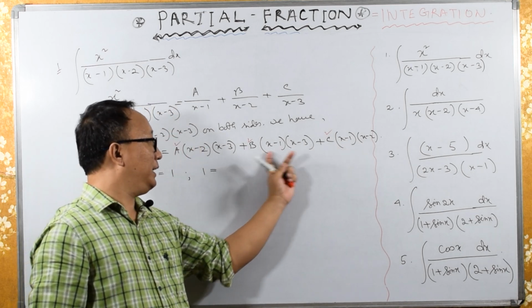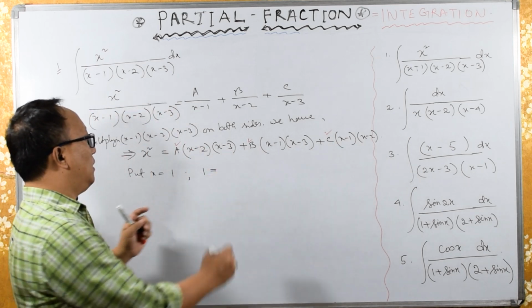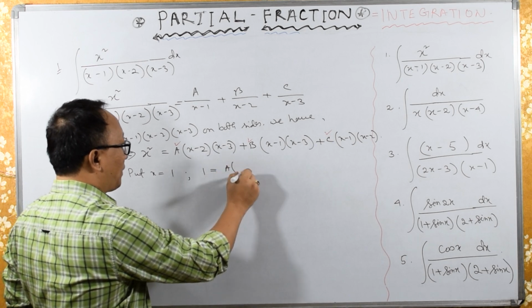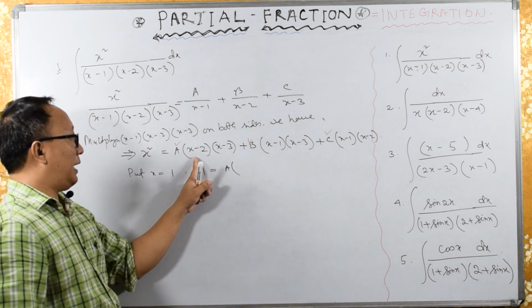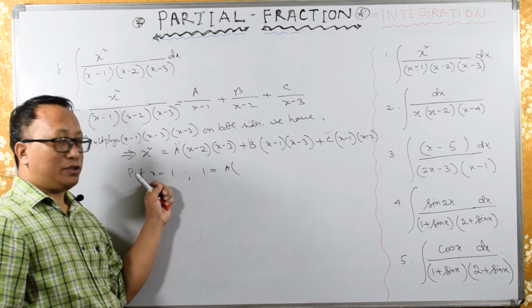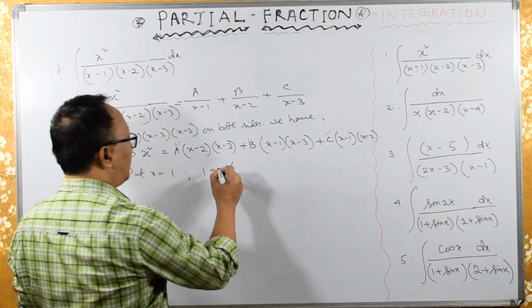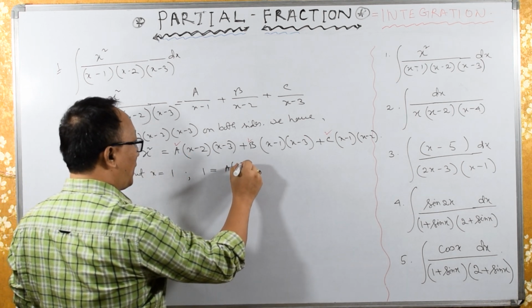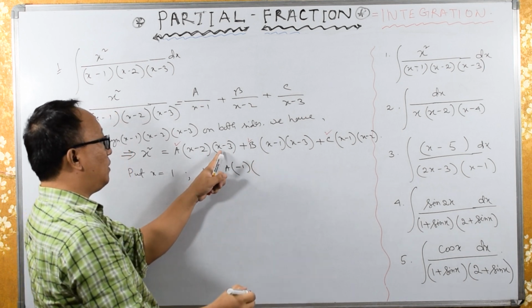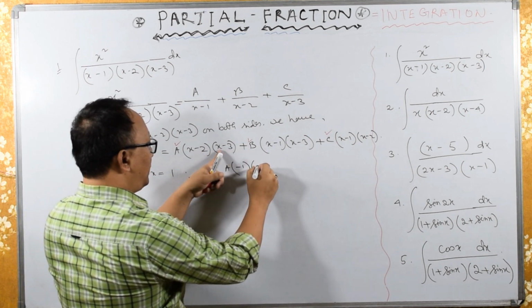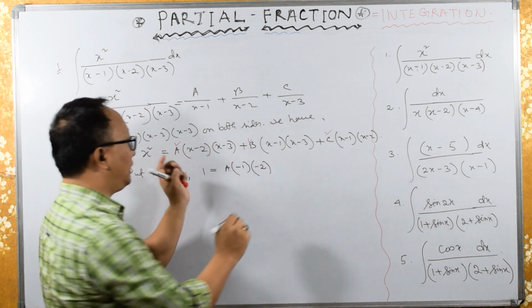Therefore these two terms will be 0. What we will have is a into, substituting x equals to 1, 1 minus 2 which is minus 1, and 1 minus 3 which is minus 2.